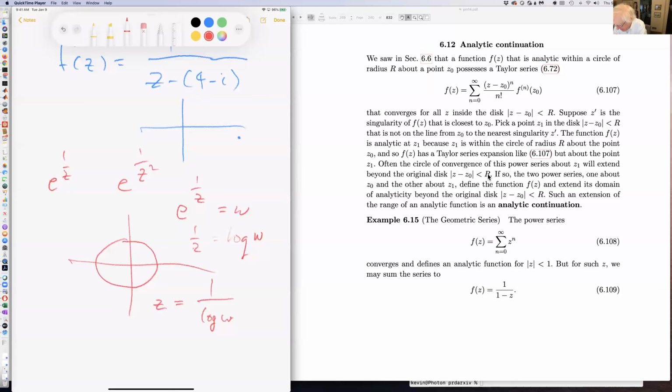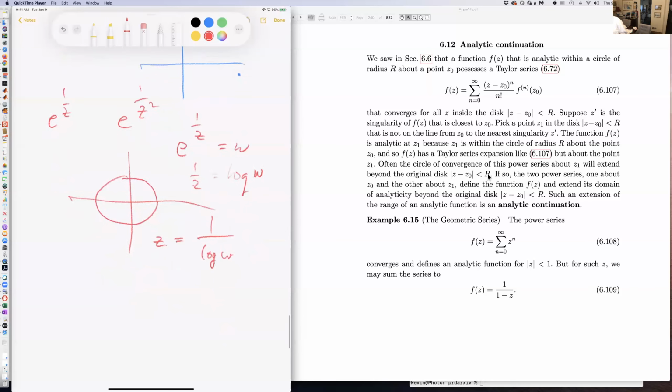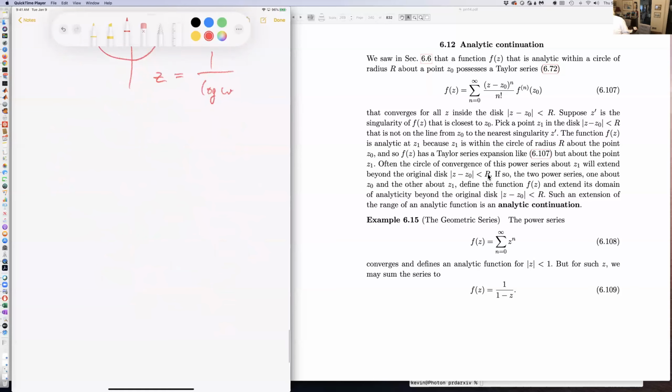The idea is that it's often possible, maybe I'll say it in terms of pictures. Let's suppose we have a function f of z that's analytic here.